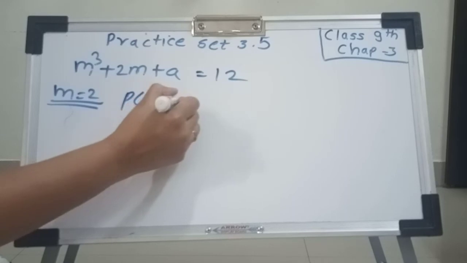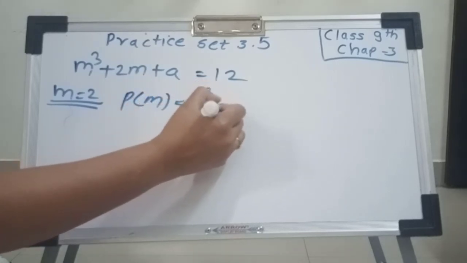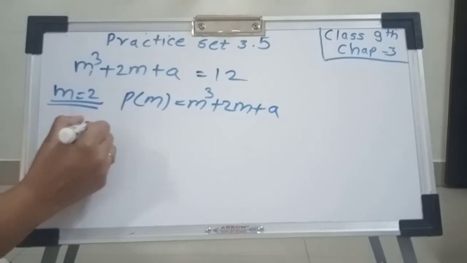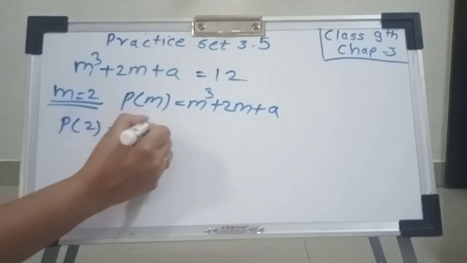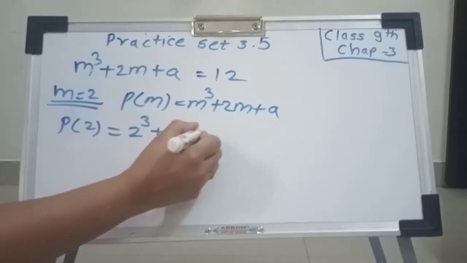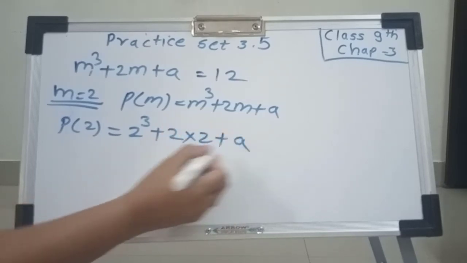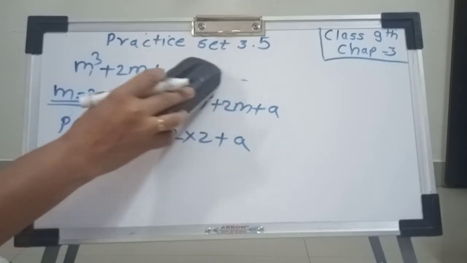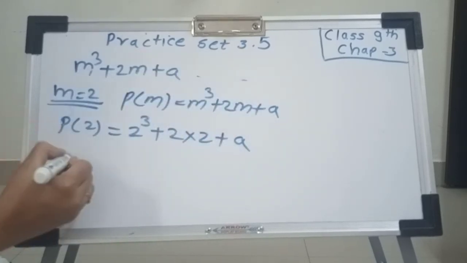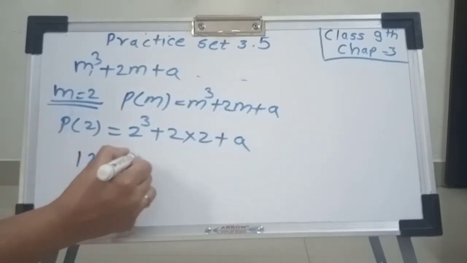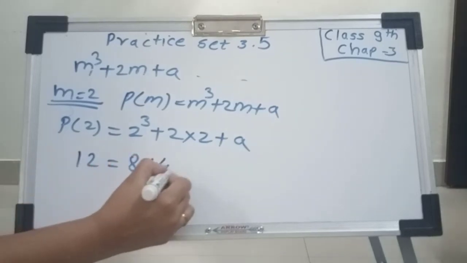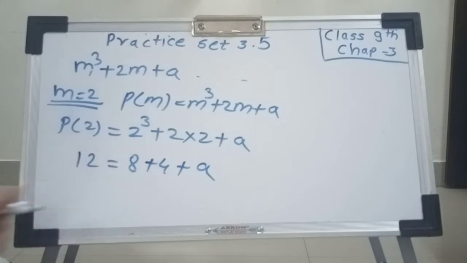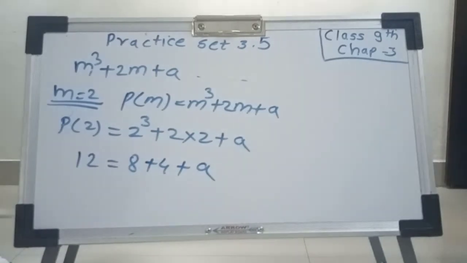Our p(m) is m cube plus 2m plus a, and our p of 2 is equal to 2 cube plus 2 into 2 plus a. What is the value of p of 2? 12. 12 is equal to 2 cube, 8, plus 4, plus a. 12 is equal to 8 plus 4, 12, plus a.